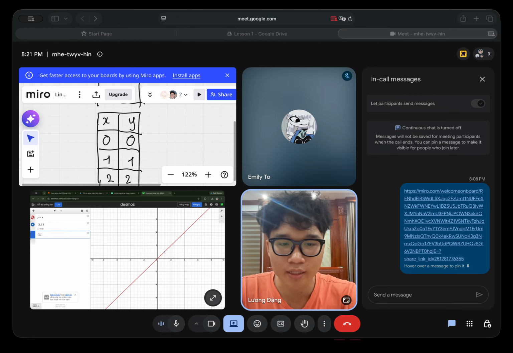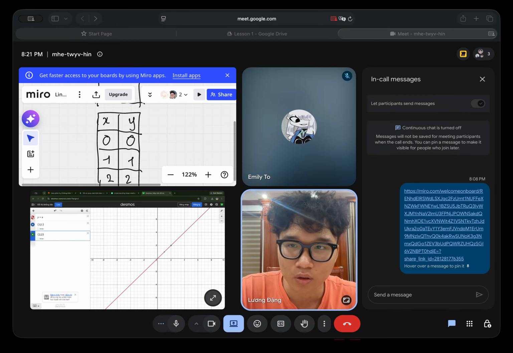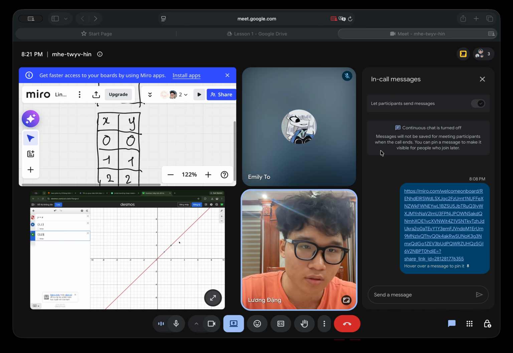For example, I take the 2 points here: 1, 1 and 2, 2 on the xy plane, and I can graph the function like this.